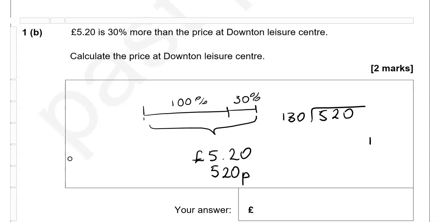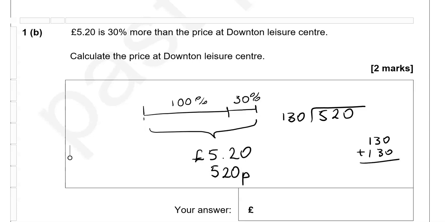If we count them up, 130 and 130, that would give us 260. If we add another 260, that would give us 520. So it's 4 lots of 130 that fit into 520. In other words, 4 is the 1% amount.